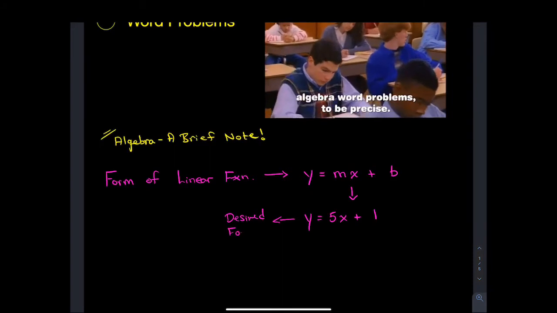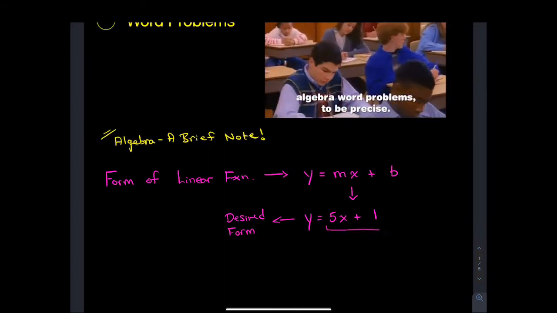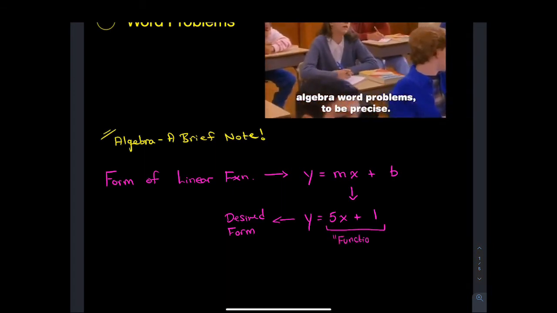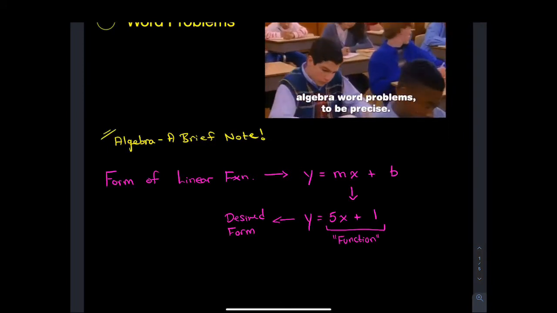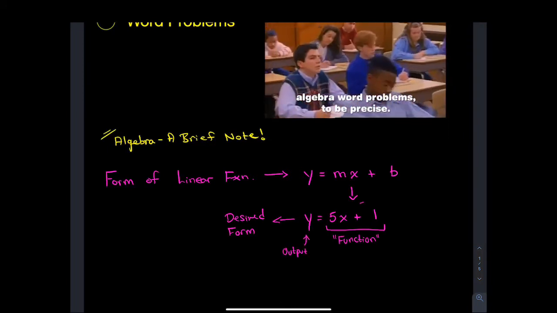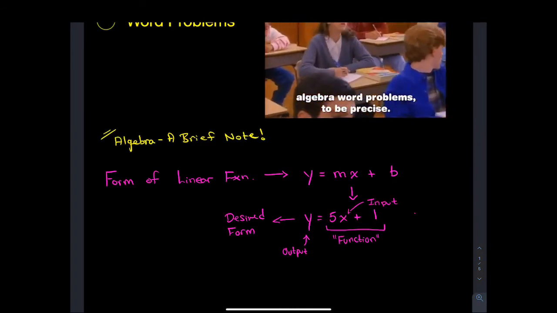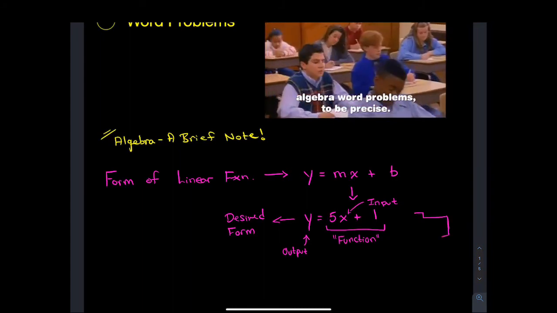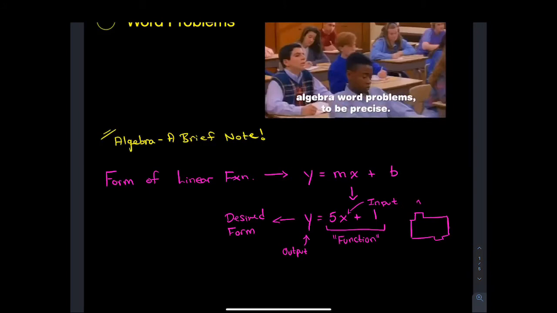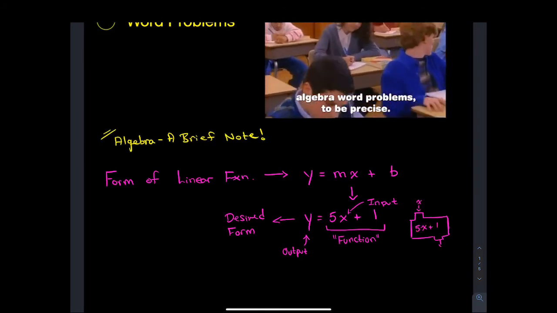The reason that this is desired is because this part represents the function part, or the part that is in our function machine. This is our output, and our x here is our input. So when we have that function machine, we plug an x into here, this is where it does the work, 5x plus 1, and then out we get our y.